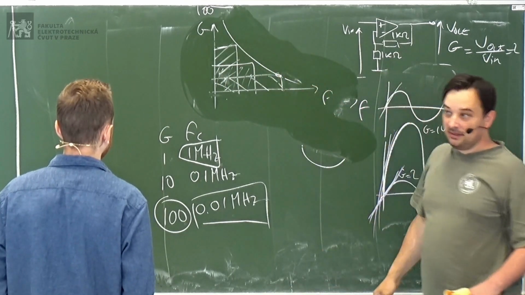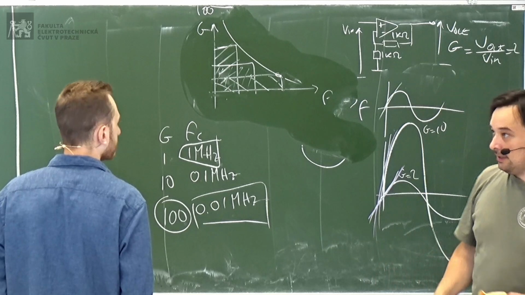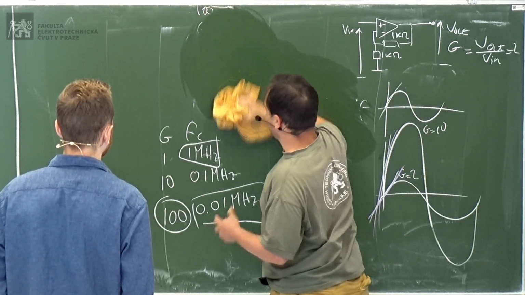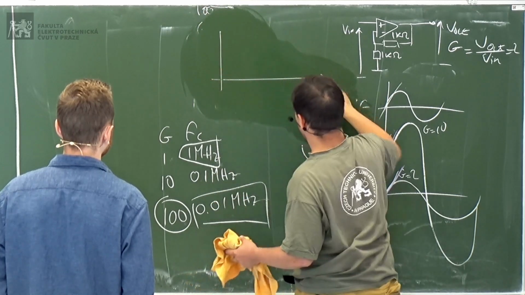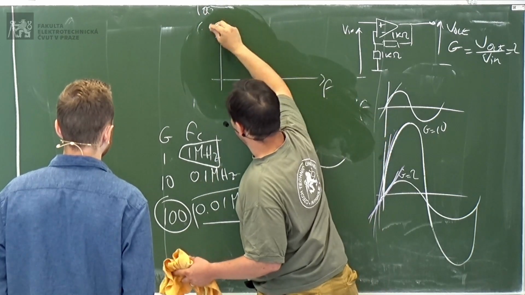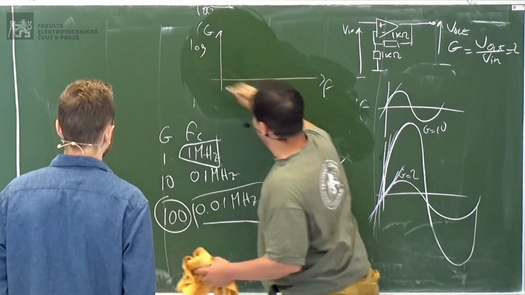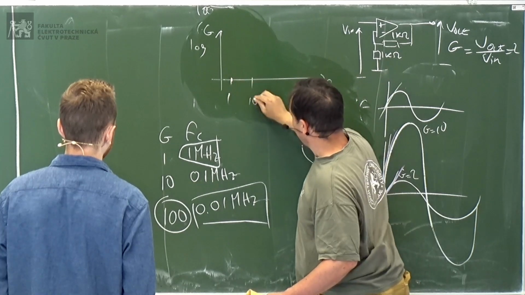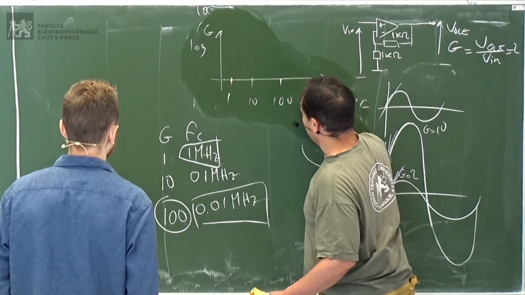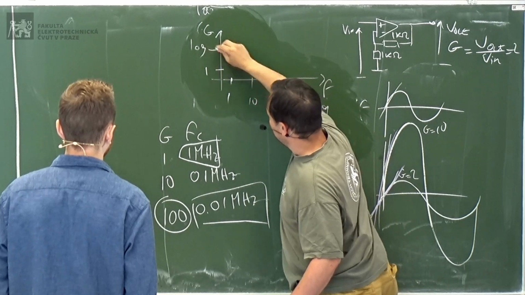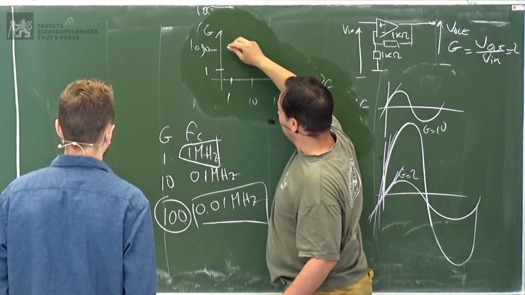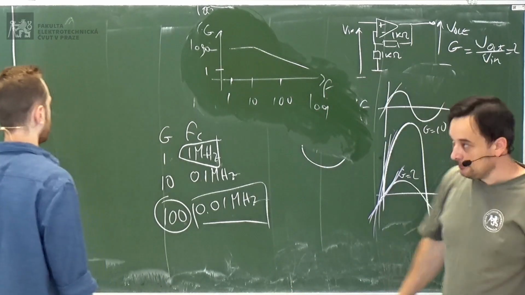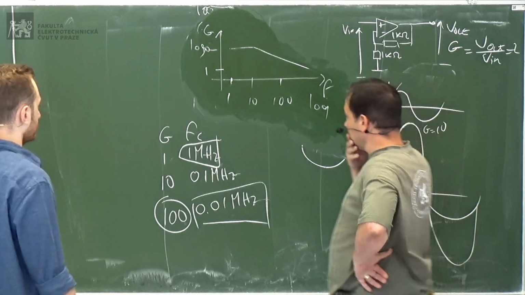The area under this is always constant. But you do it in logarithmic scale, that's why it typically looks like this. So this is in log scale, and this is in log scale, so you have 1, 10, 100, and so on, and then it looks like this, okay? Because when you plot an exponential in log, it becomes straight.